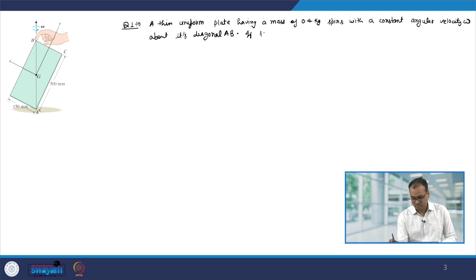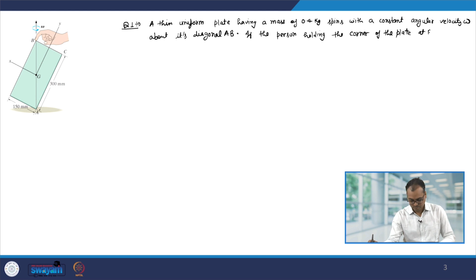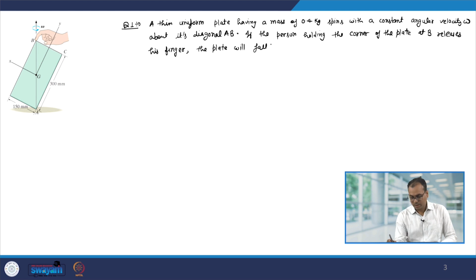If the person holding the corner of the plate at B releases his finger, the plate will fall downwards on its side AC.